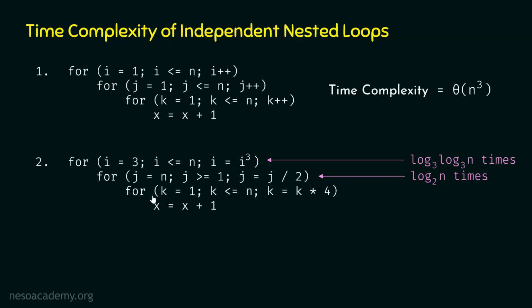Now, what about this for loop? In this for loop, variable k is initialized to 1, k is compared with n, and k is updated to k times 4. This time, in the update expression, the variable is multiplied by a constant. And we learned in one of our lectures how to find the time complexity or the frequency count of these types of for loops.